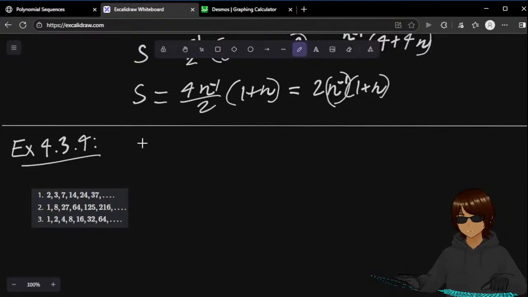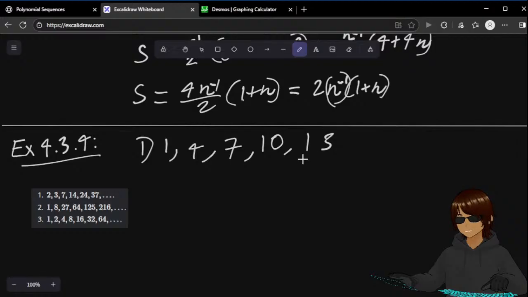So for number 1, 3 minus 2 is 1. 7 minus 3 is 4. 14 minus 7 is 7. 24 minus 14 is 10. Then 37 minus 24 is 13, right?